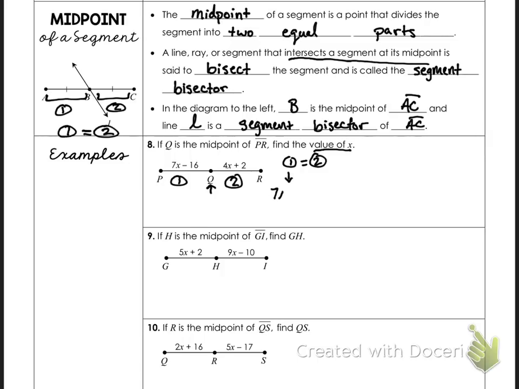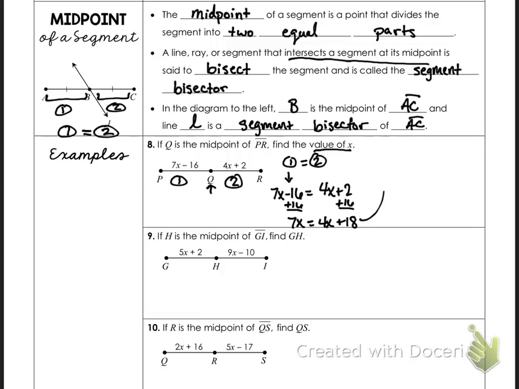Instead of part 1, we can write 7x minus 16. And part 2, instead of that, we can say 4x plus 2. Then we can go on and solve this problem. One way may be to add 16 to both sides. We get 7x equals 4x plus 18.